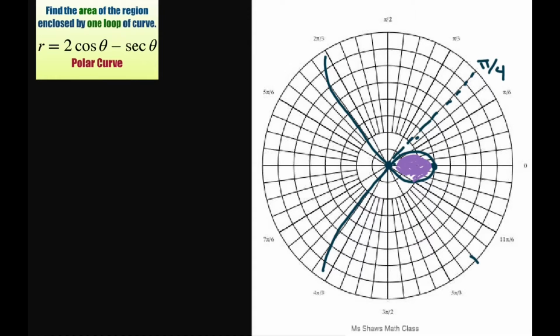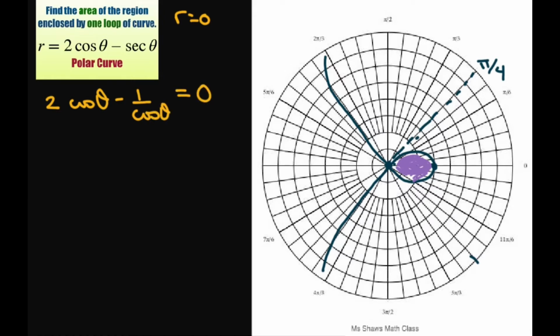So basically, we want to see where it passes through the pole. So you're going to let r equal 0, and you're going to get 2 cosine of theta minus 1 divided by cosine of theta equals 0.